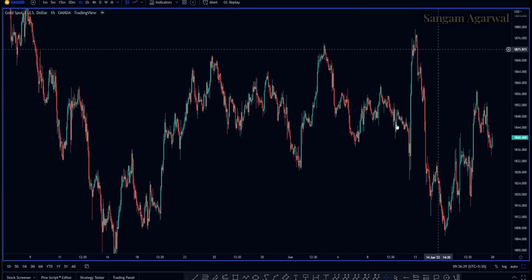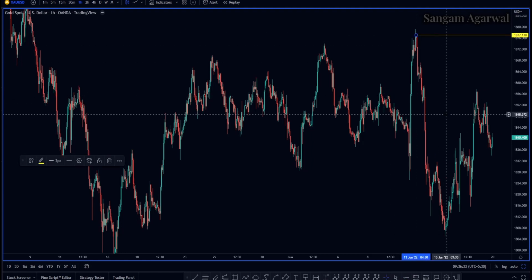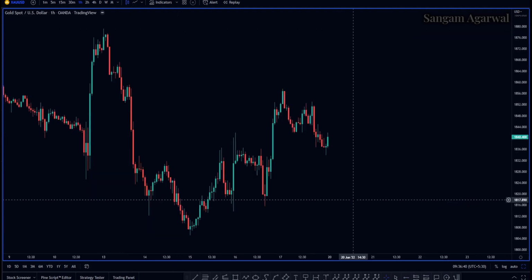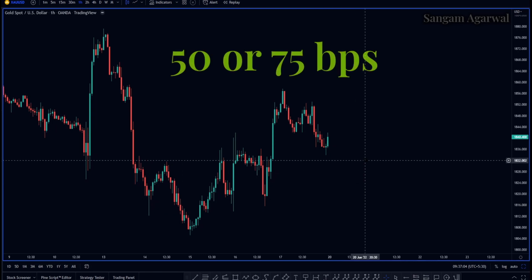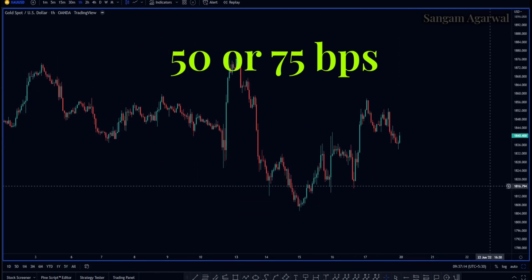And the next upside target is this resistance 1877, because if inflation retraces back, then it can change the next FOMC decision. And the new speculation is there will be a 50 or 75 basis point rate hike in the next FOMC meeting.